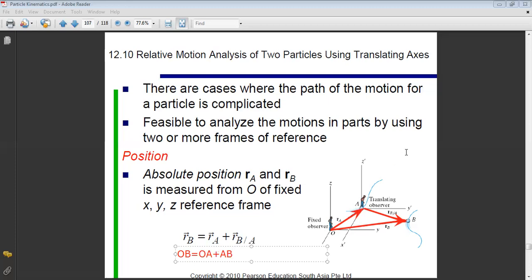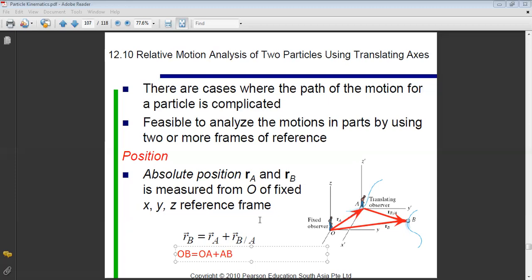So you have a frame that is translating and you are on the translating frame, because you are on A. So you will move with A. Since you move with A, you will measure a velocity that is called relative velocity. You can measure the relative velocity of B with respect to you.